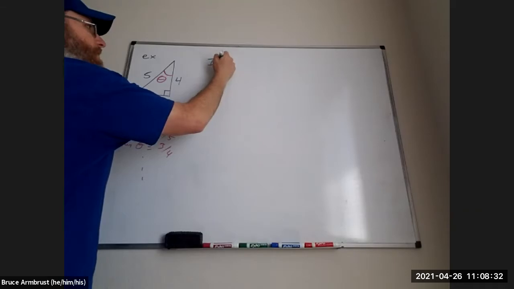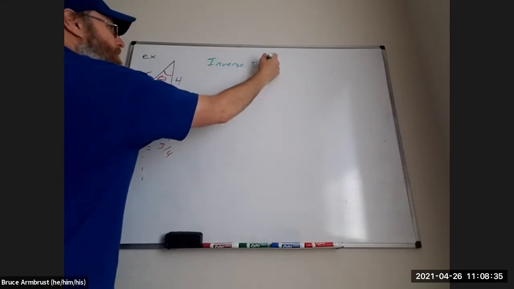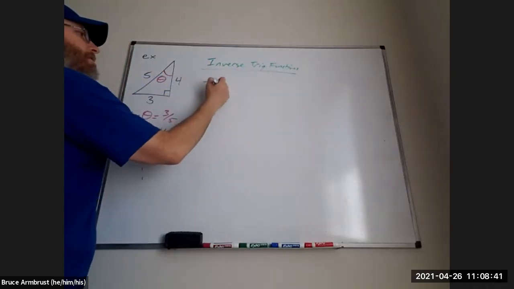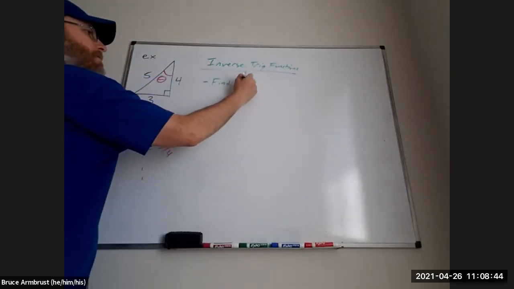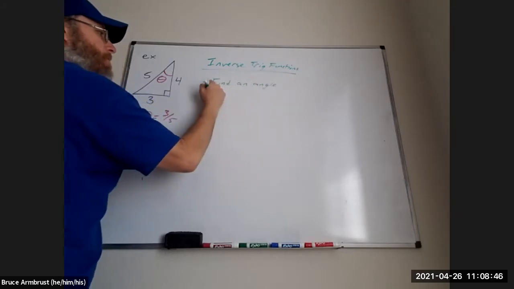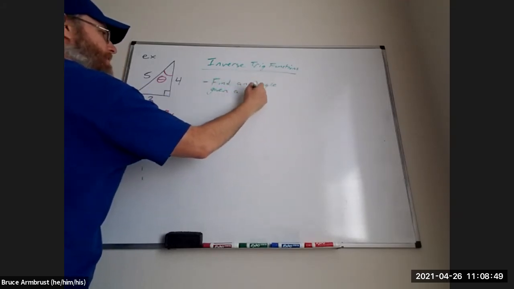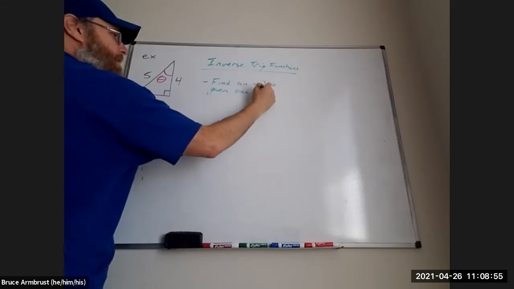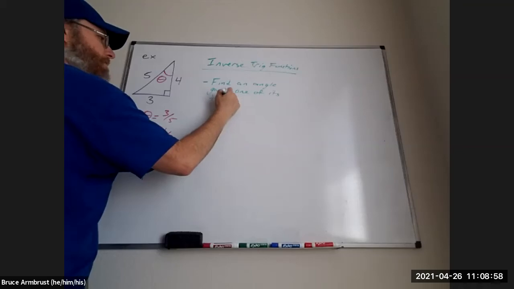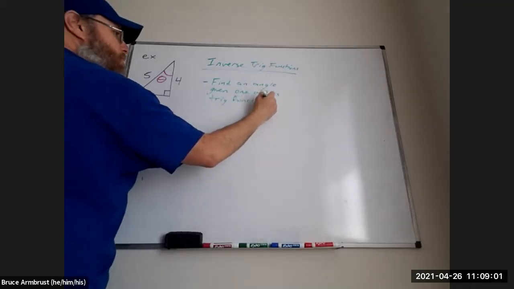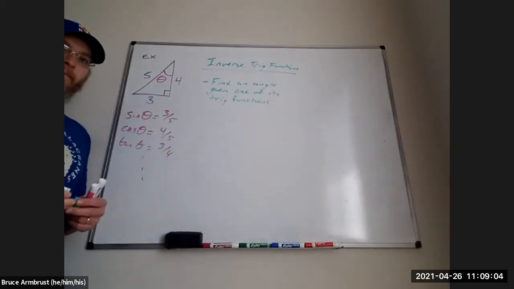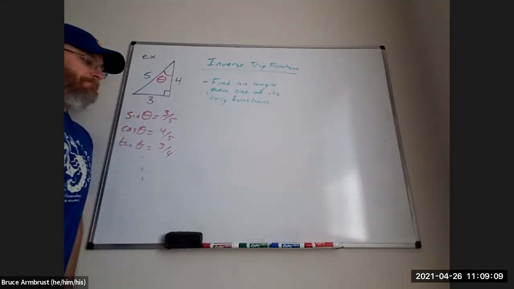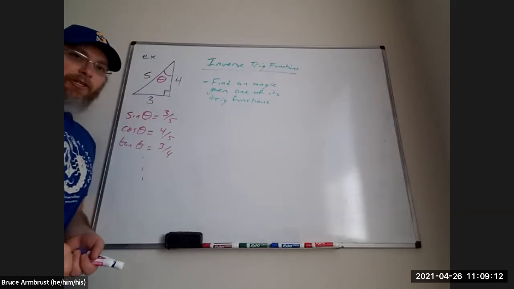So we're going to define these things, the inverse trig functions, and what their job is going to be is to find an angle given a trig function, one of its trig values or functions. So if you're in a situation like this where you know one of the trig functions, that's what the inverse trig functions are going to do.